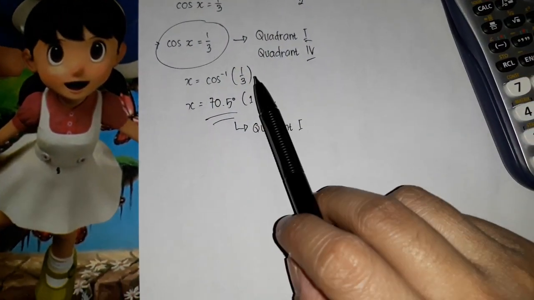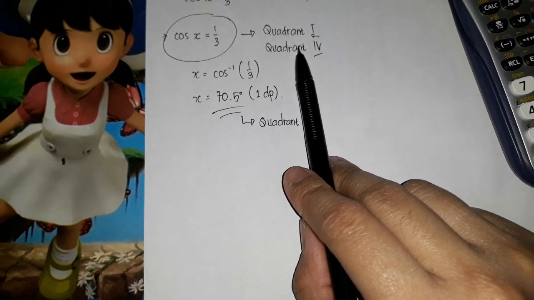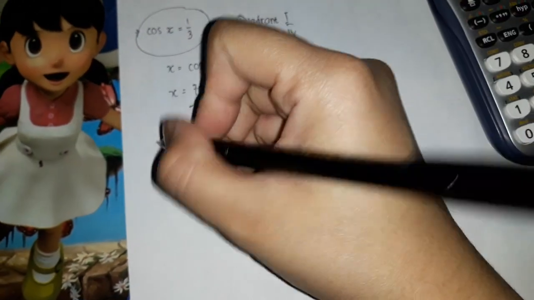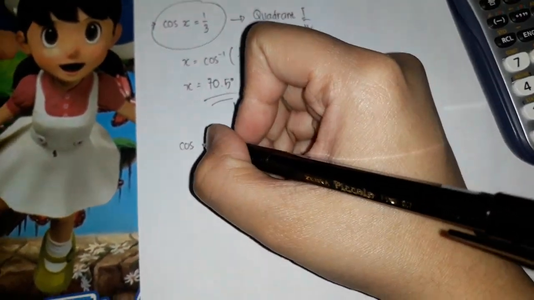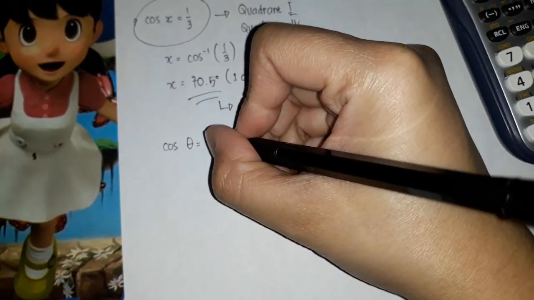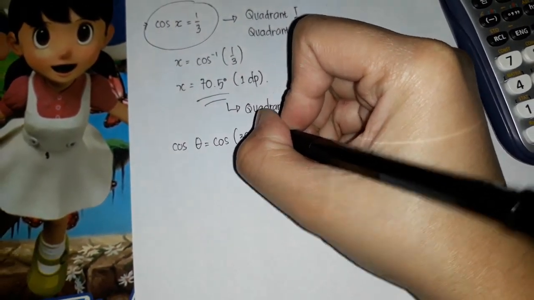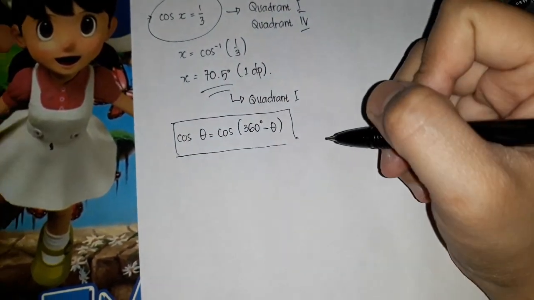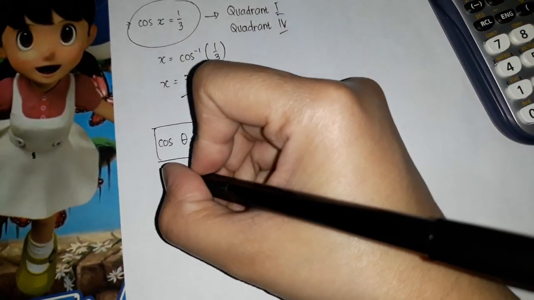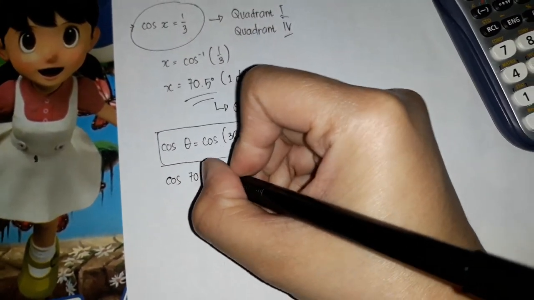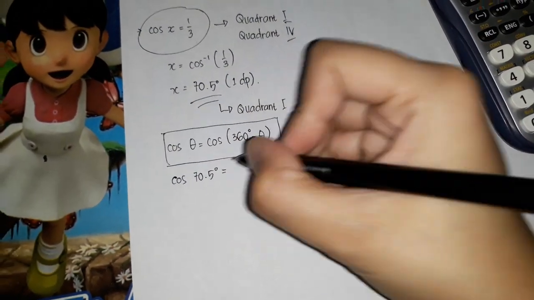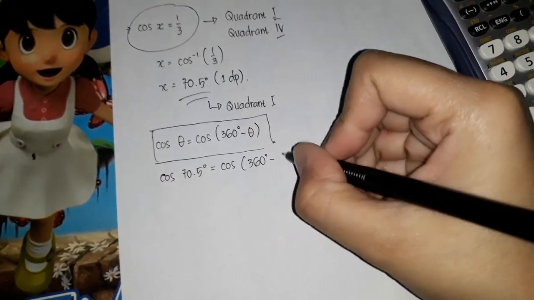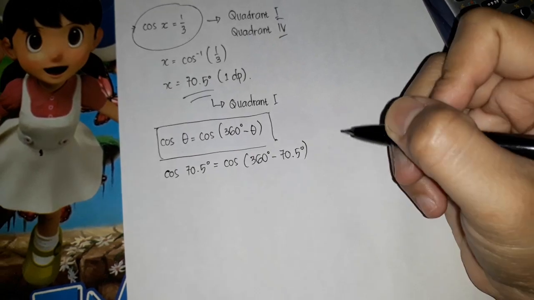We have another possible value of x where x is in quadrant 4. To find the value of x, we can use this formula: cos theta is equal to cos of 360 degrees minus theta. So cos 70.5 degrees is equal to cos of 360 degrees minus 70.5 degrees.